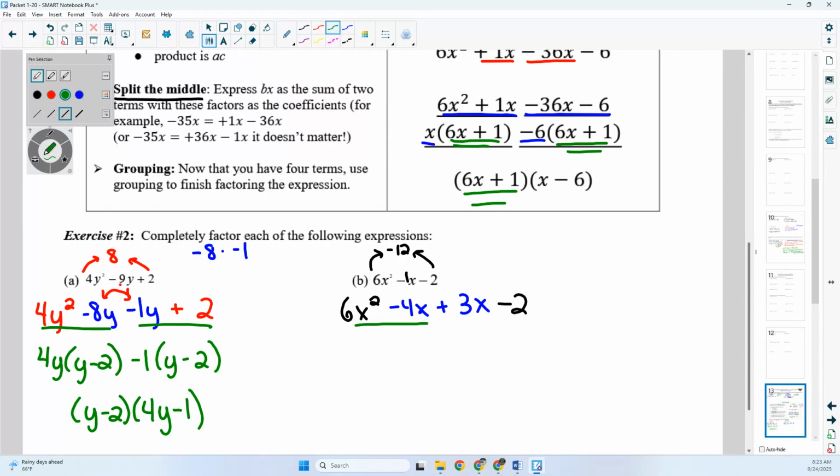I move into my grouping step. Take out a 2x here, and I get 3x minus 2. Remember from the grouping lesson, I do have to take something out to get the structure I need to do the next factoring step. So I'm going to take out a 1 because there is no other GCF, and I can look forward and see that gives me the 3x minus 2 that I want. So I take out 3x minus 2, and I have 2x plus 1 left.